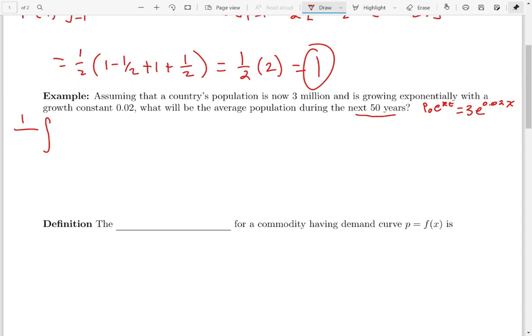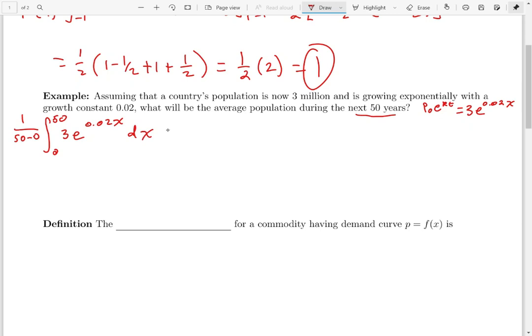Well, that would be the 0th year. And so it's going to be 1 over 50 minus 0. And then our limits of integration are going to be from 0 to 50 of that function we just came up with, 3 times e to the 0.02 x dx. So this is the integral that we need to find the average value.